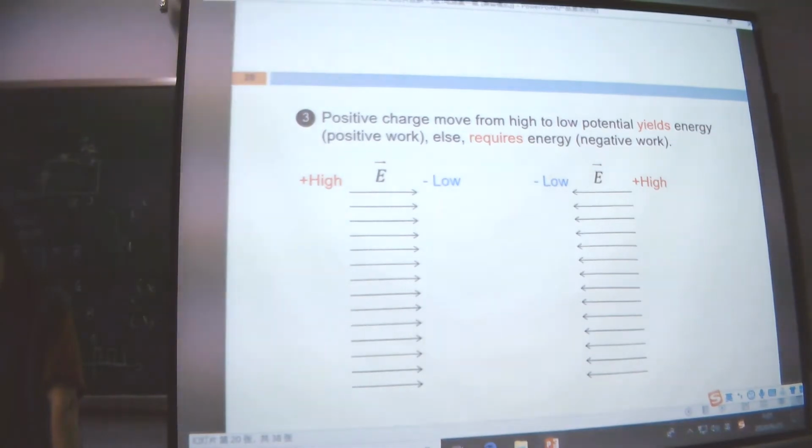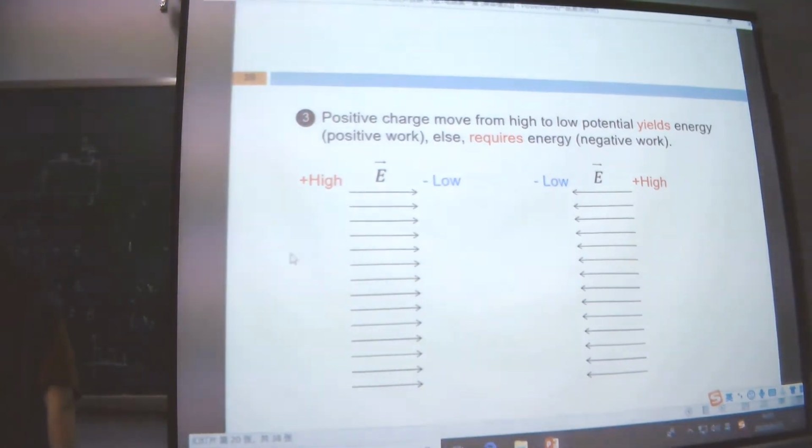This figure shows the positive charge moves from high to low potential, and it will yield energy. Otherwise, it requires energy. Here we have an electric field. The E is the electric field, right? And we know the direction of E. It is from the high potential to the low potential.